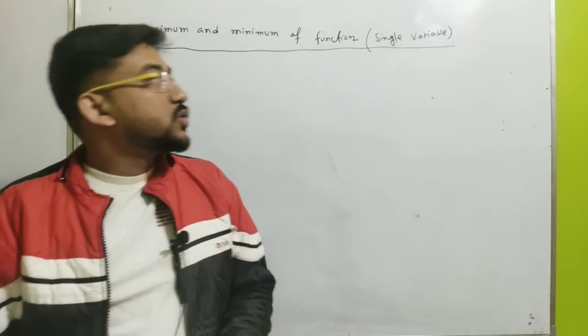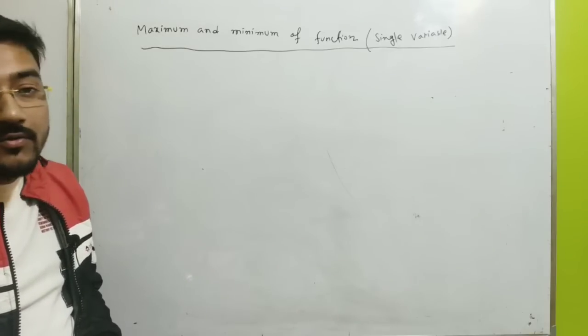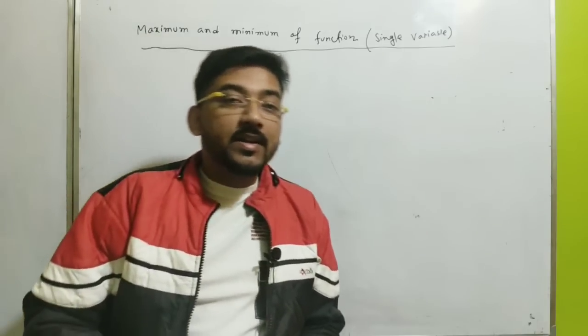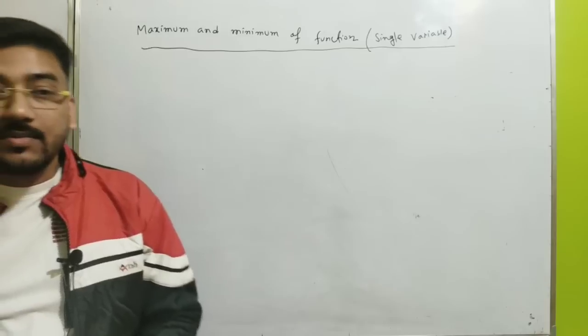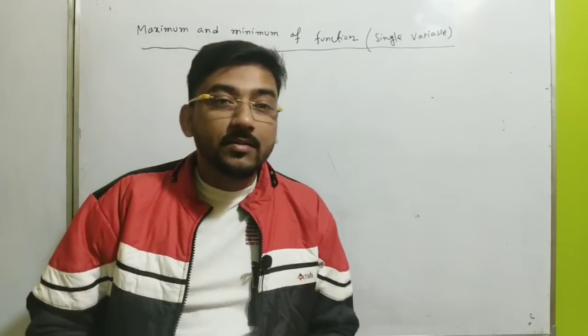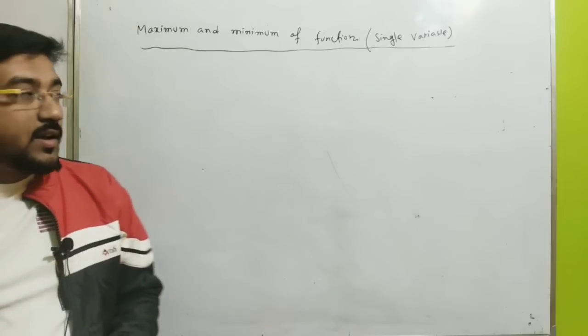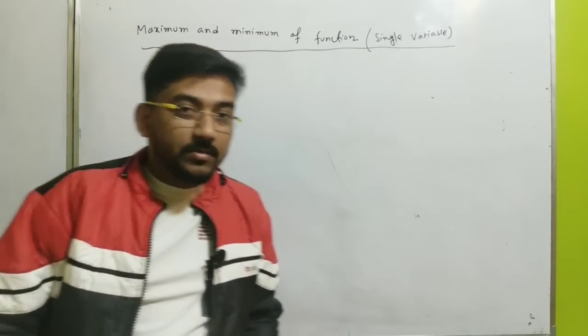So today I am going to start the maximum and minimum of a function for a single variable. How can you check whether a function has a maximum value or a minimum value, where the function has a maximum value, where it has a minimum value, what the maximum value is, what the minimum value is, etc. You have already studied this kind of situation at your 10+2 level.